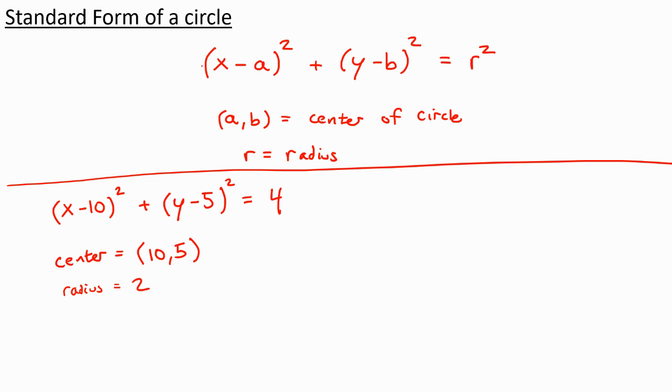It's the (x) parentheses squared plus the (y) parentheses squared is equal to the radius squared. So it's often going to be given to us as a larger, squared version of whatever the true radius is. So here's what this looks like. Since we know the center, (10, 5), and we know the radius is 2, then we should be able to draw a quick picture of this.